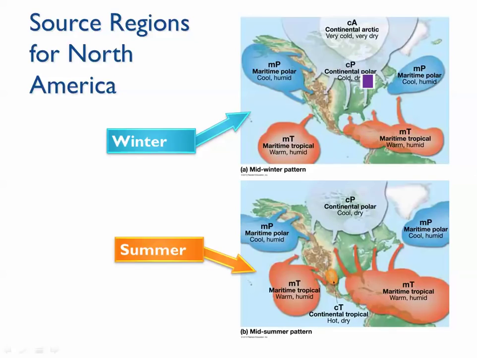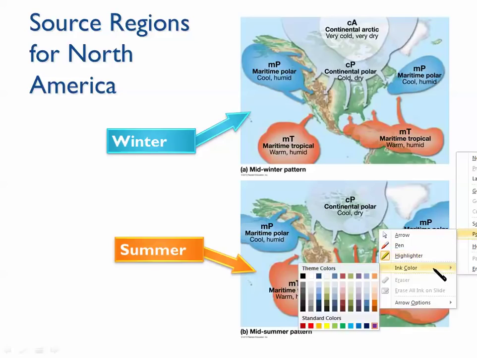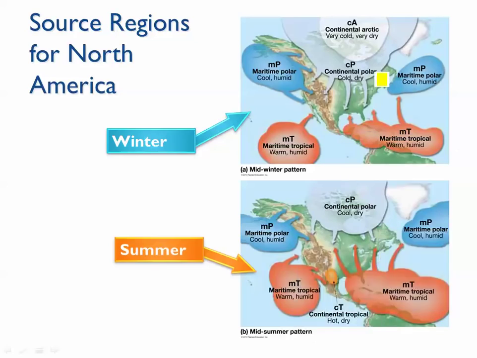And then alternatively, we have continental air masses, which are indicated by the letter C, and those mean dry air masses. So M is moist maritime, C is continental dry, and then we have either a P or a T. And notice the P air masses are all up here at the top.